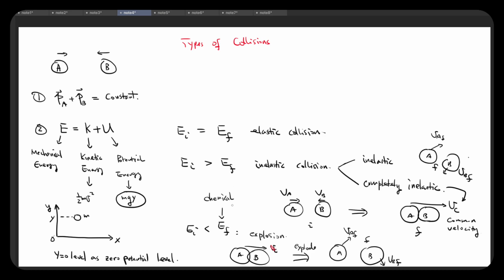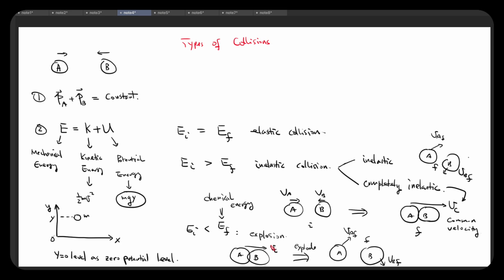In an explosion process, chemical energy becomes the mechanical energy of the system. So there's still energy conservation. It's just that mechanical energy is not conserved. Other types of energy are converted into mechanical energy.